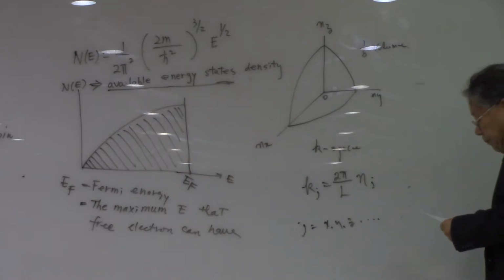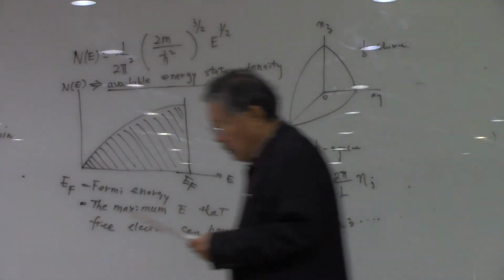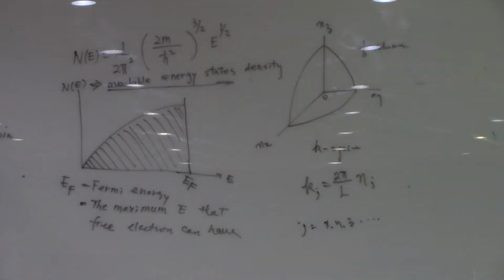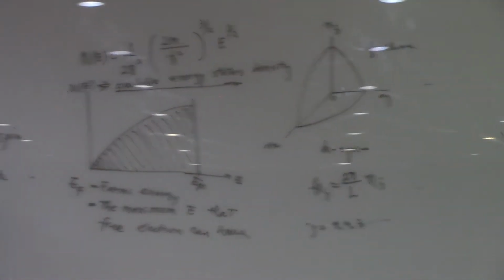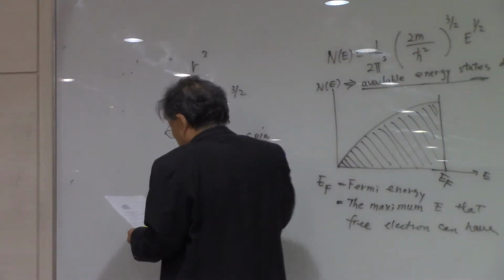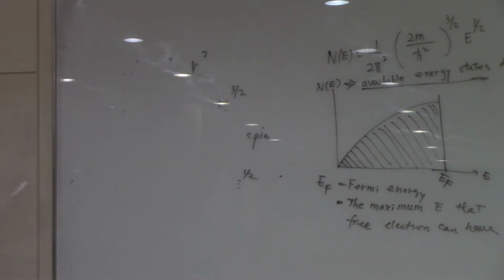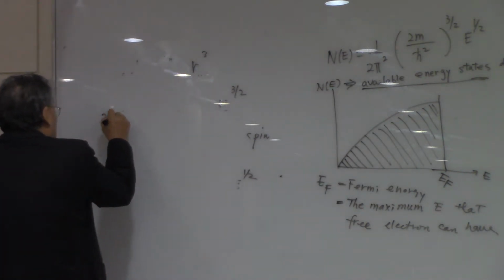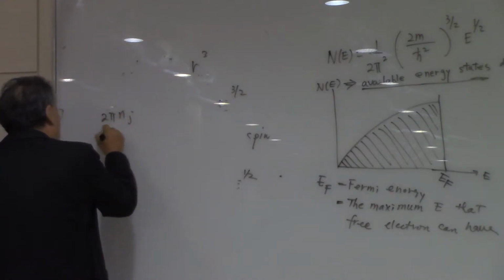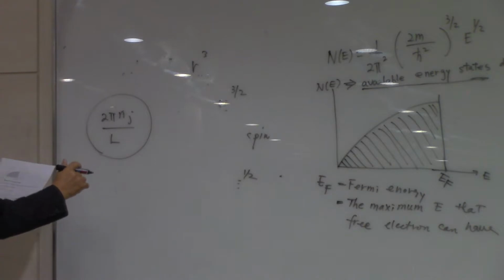So in the k-space, the orbital state 2 pi nj over L corresponds to one orbital state.